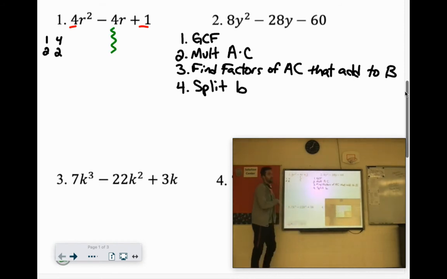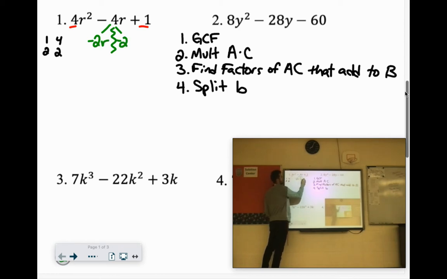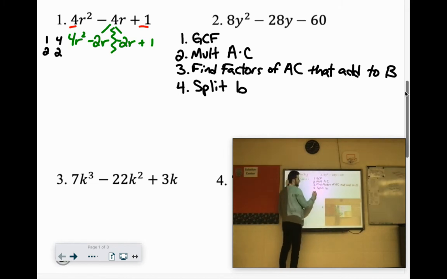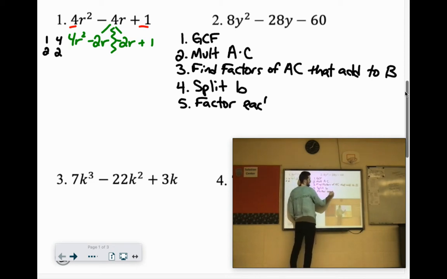So here's how that's going to look. Now we need them to add up to negative 4, so that would be negative 2r and negative 2r. So we're just going to split that into two terms. And then step 5 would be factor each side, or we'll call it a group, because later they call this factoring by grouping.